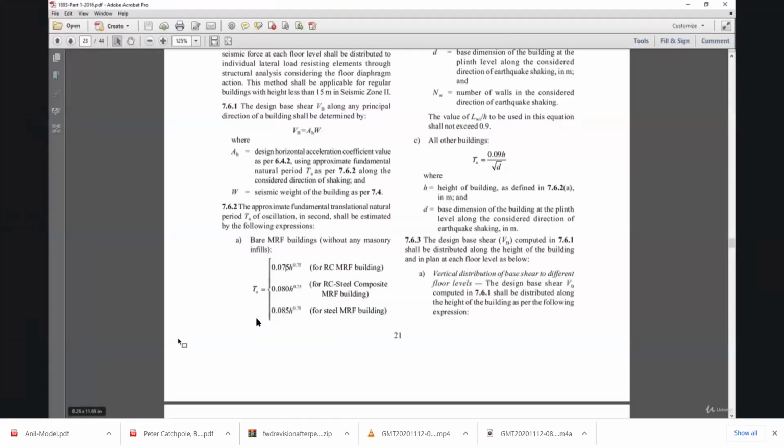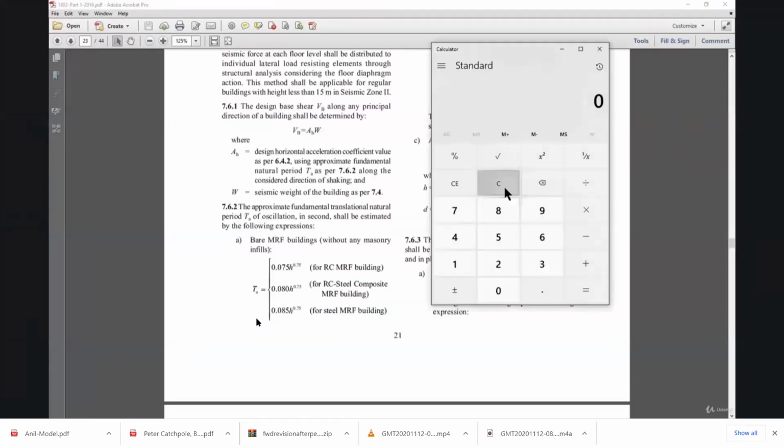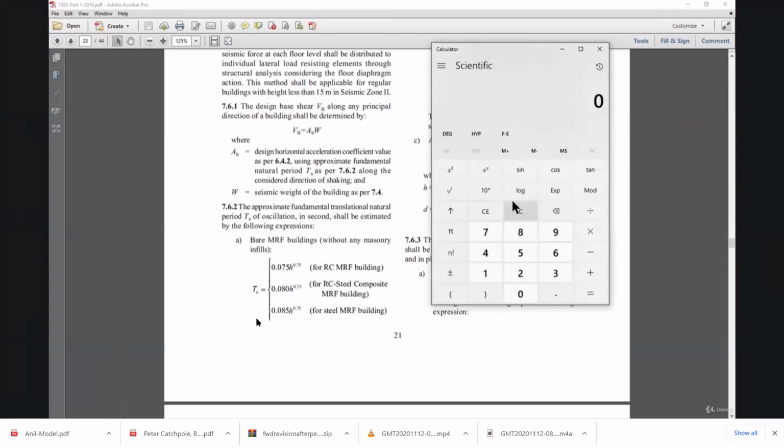h is 92.8 meters. So h is 92.8 to the power 0.75. This is approximately 29.89 into 0.075. So the time period of our building is 2.24 seconds in both the directions.